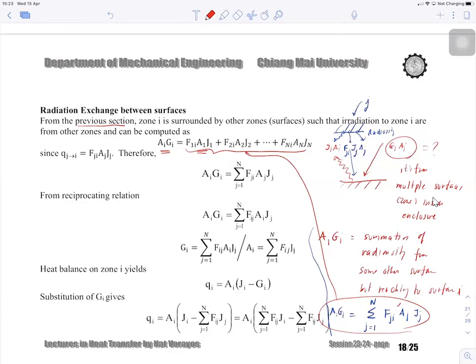So don't worry, you can write the summation in detail, but in operation I'm going to take a look at the summation form like that.